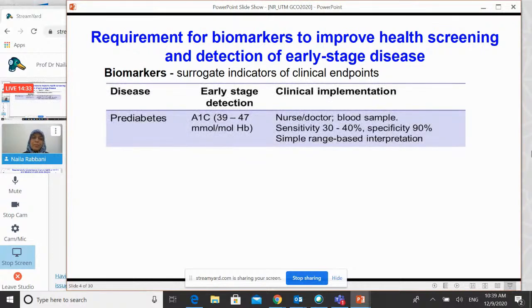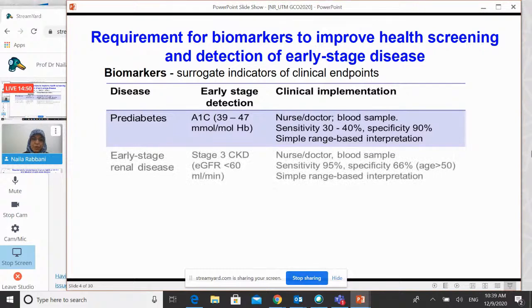Currently, prediabetes is diagnosed at early stages using HbA1c, glycated hemoglobin, but the sensitivity of this is only 30 to 40%, and specificity is 90%. And for early stage renal disease, we measure eGFR, estimated glomerular filtration rate.